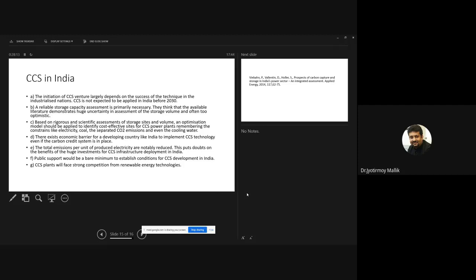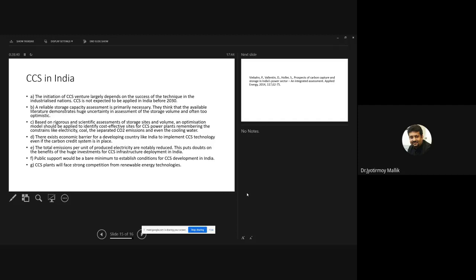Of course not. A reliable storage capacity assessment is a primary necessity, and I can tell you now that there is a call from the Indian government to submit projects from different universities and science research institutes to do the same thing. A reliable storage capacity assessment is currently being done.